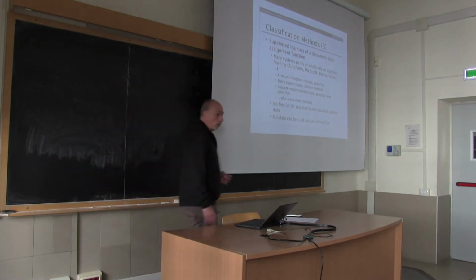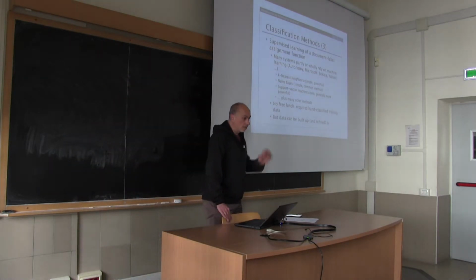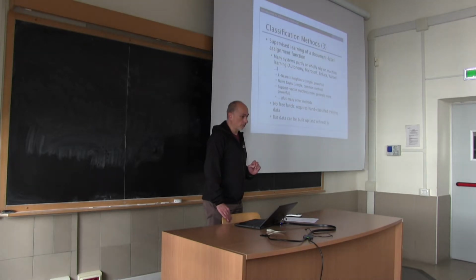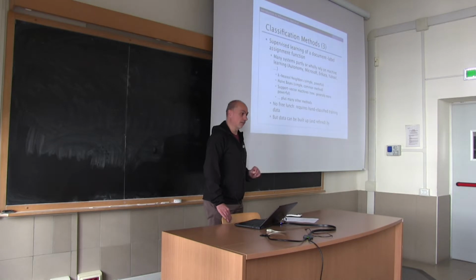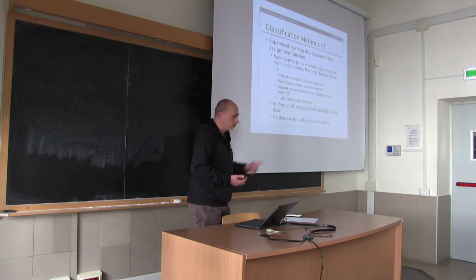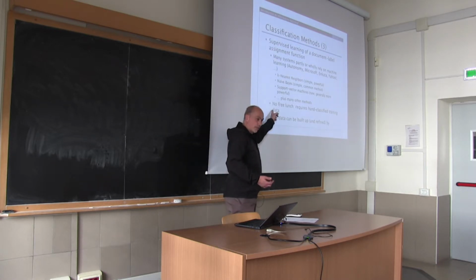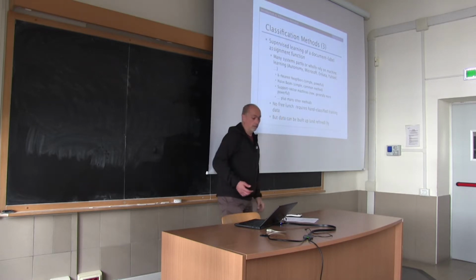But whenever you have overfitting, probably it means that your training sample was too small or your hypotheses were too many with respect to the training set you have. Okay? So too many classes. No free lunch means no free lunch. The more hypotheses you want to test, the more classes you want to have, the larger your training set needs to be.